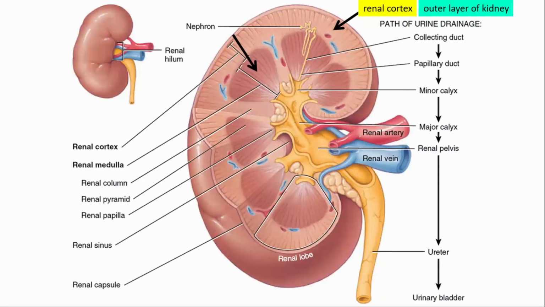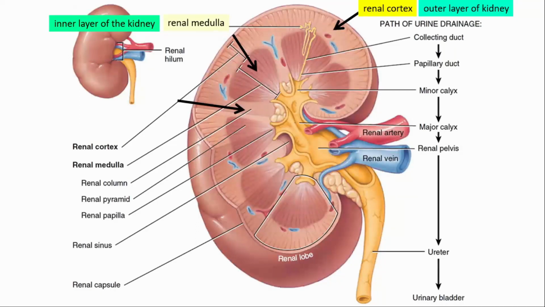Then we can see triangular structures, several of them. They are in the form of pyramids, and these structures, the pyramids, form what is called the renal medulla, and this is the inner layer of the kidney.